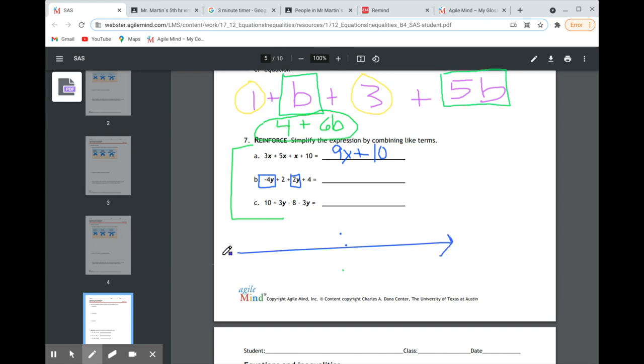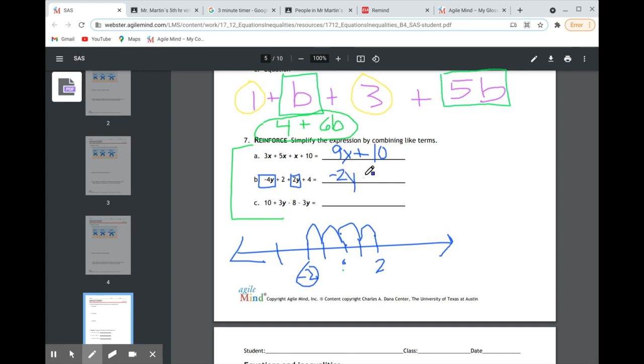Zero? Well, let's look at it. Or negative 2 y's? There you go. That's what I'm looking for. So I was at 2 and I go back 4. 1, 2, 3, 4. This takes me to negative 2. So we got negative 2y.